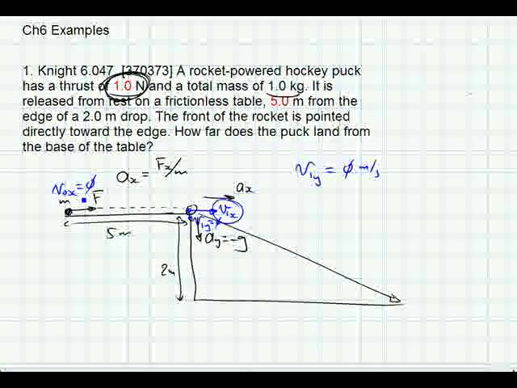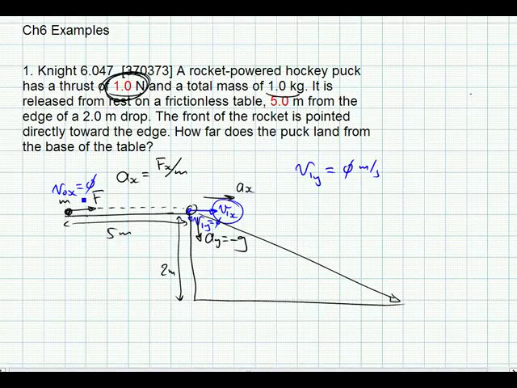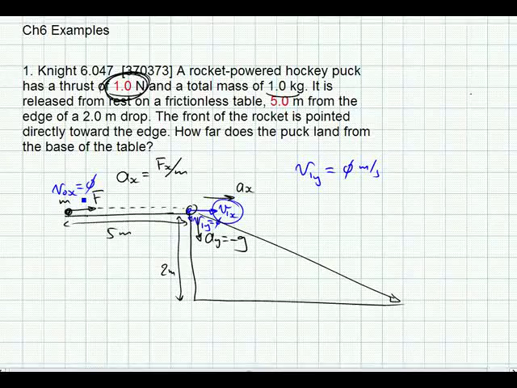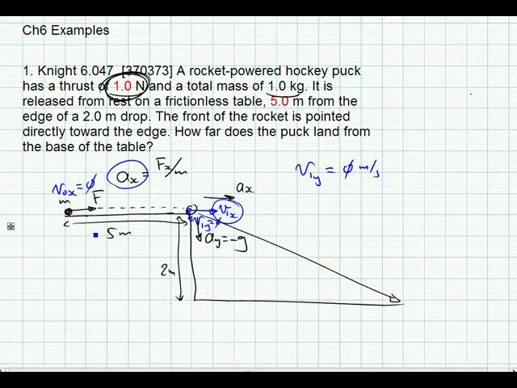It starts from rest, as I believe we're told in the problem. And since you know your acceleration and you know the displacement here, which is 5 meters, you can use the kinematic equation to figure out what v1x is.